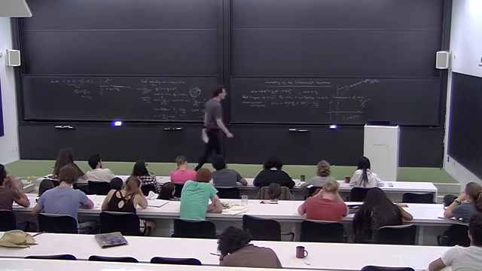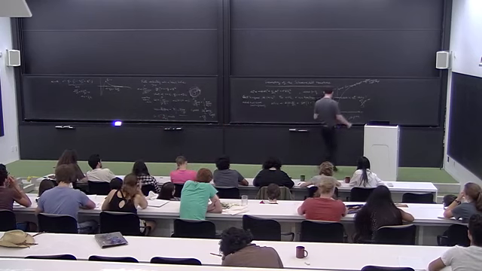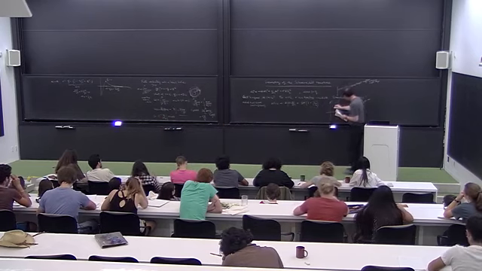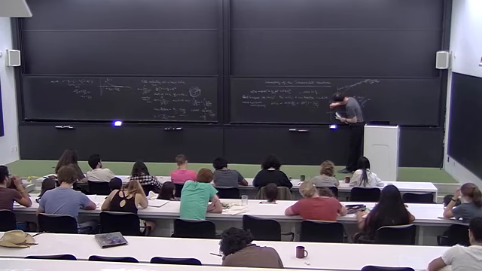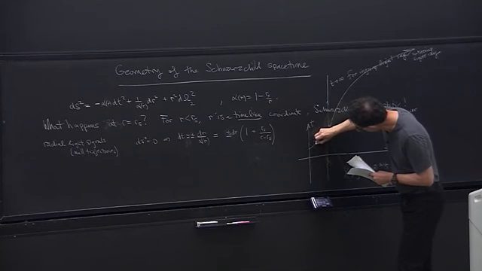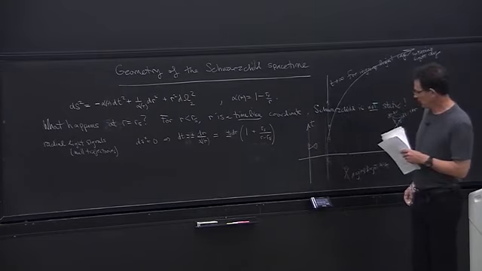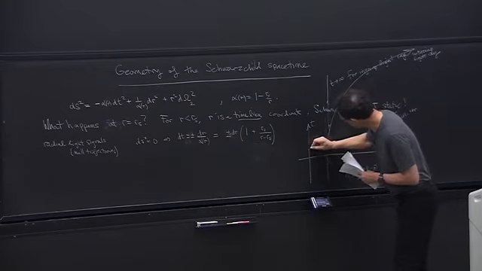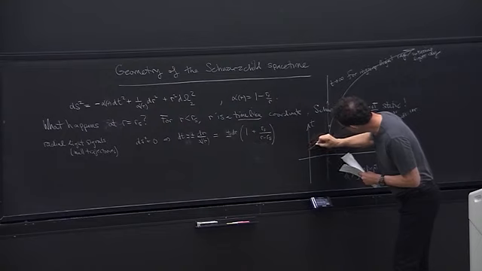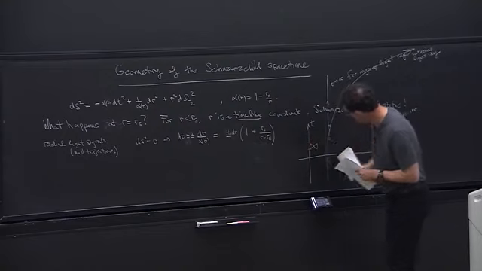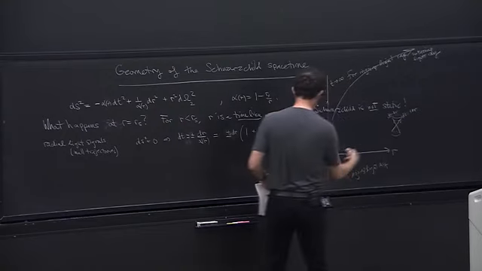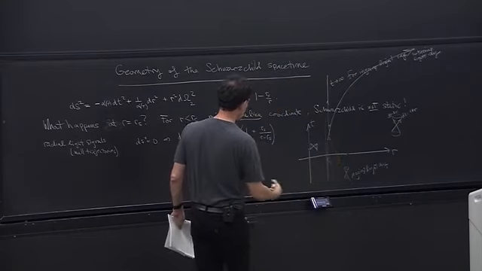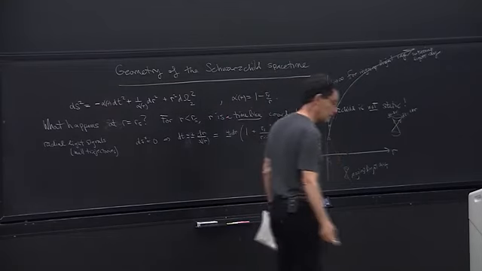What about inside the black hole? Well, just do the same analysis, and you'll see that inside the black hole, r is the time-like direction. So my light cone actually looks like this, right? For r less than rs, it looks this way because now r is the time-like direction and t is a space-like direction.